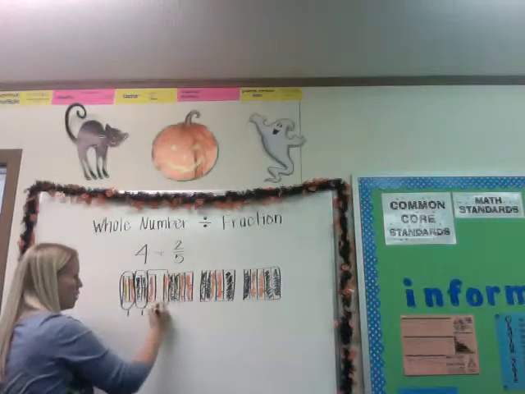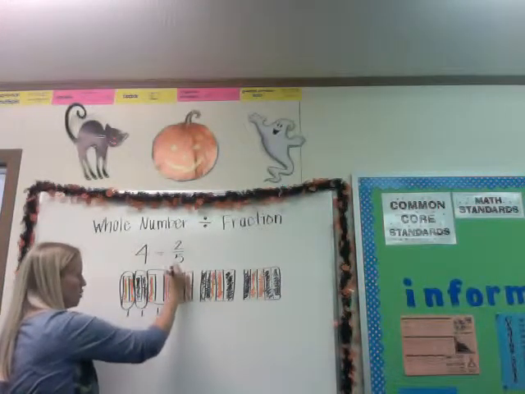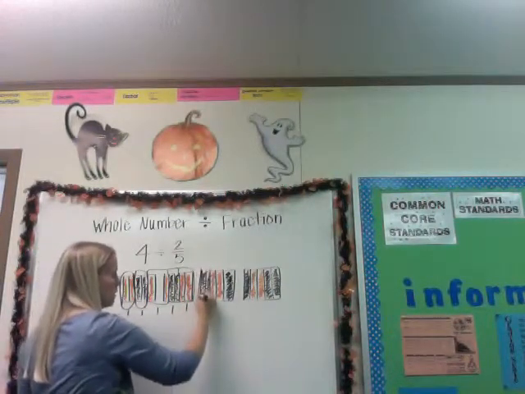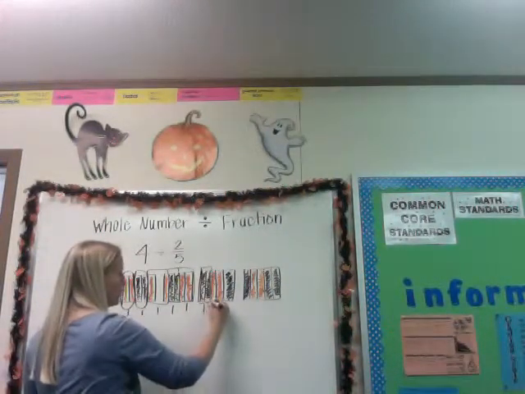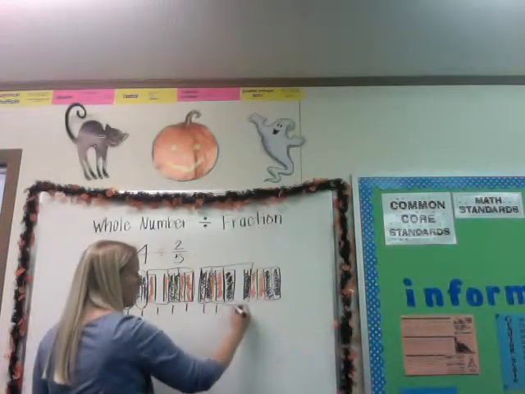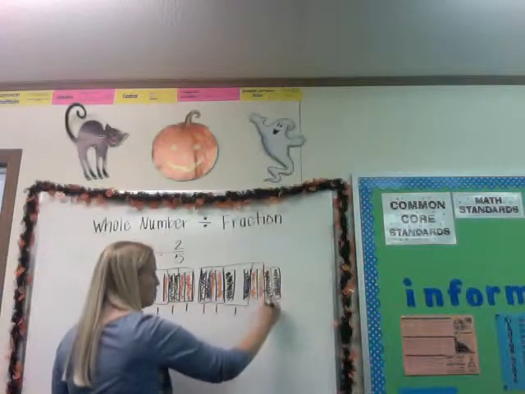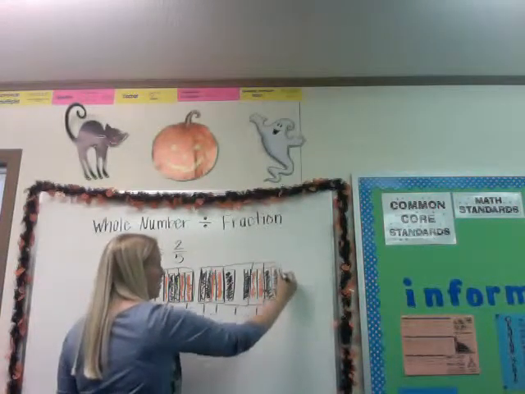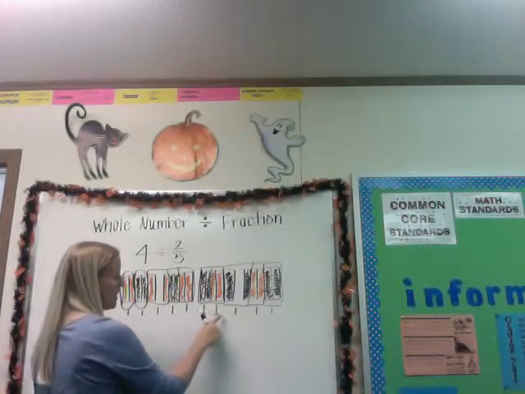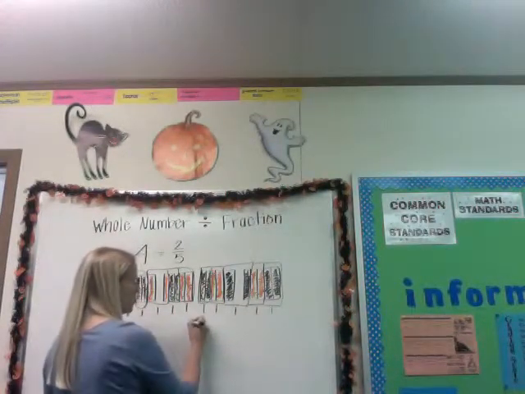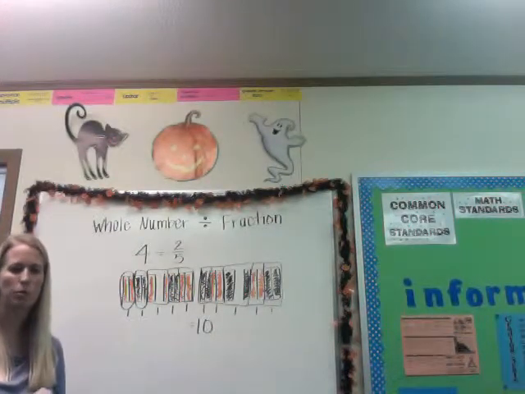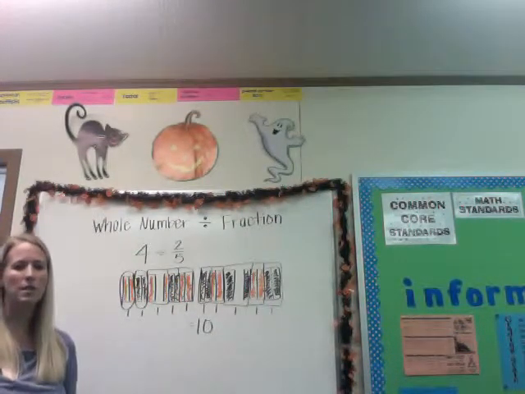I have 2 orange ones, 2 black ones, and so on until the end. So I have 1, 2, 3, 4, 5, 6, 7, 8, 9, 10 full groups. So my hypothesis is that my answer to this division problem is going to be 10.